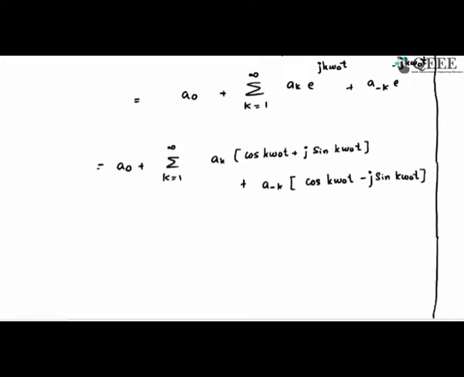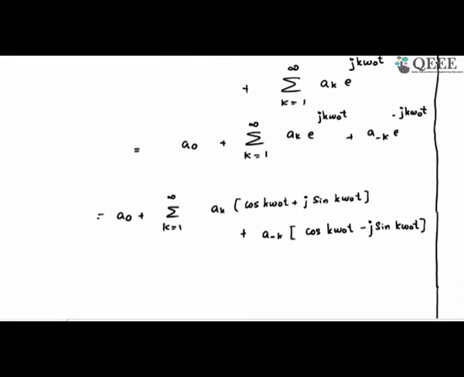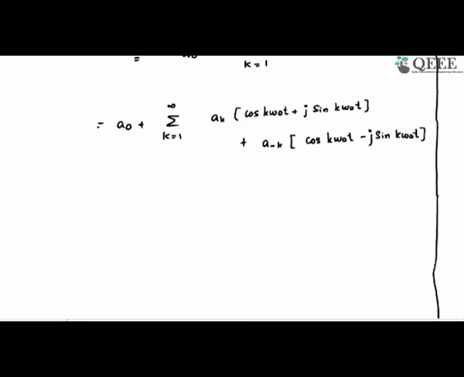Okay, so I am simply writing them in terms of cos and sine, because e power j omega naught t is cos omega naught t plus j sin omega naught t. So now I can group the terms corresponding to cos.